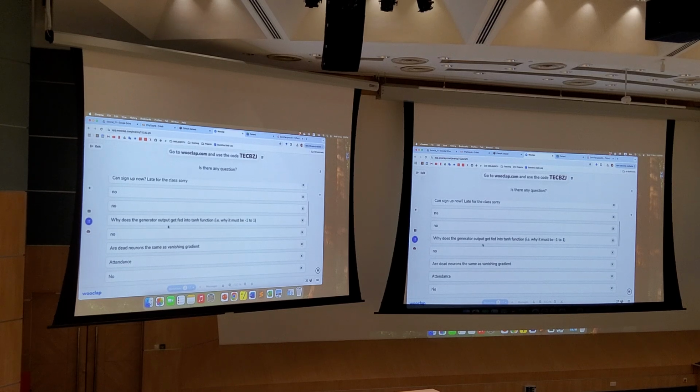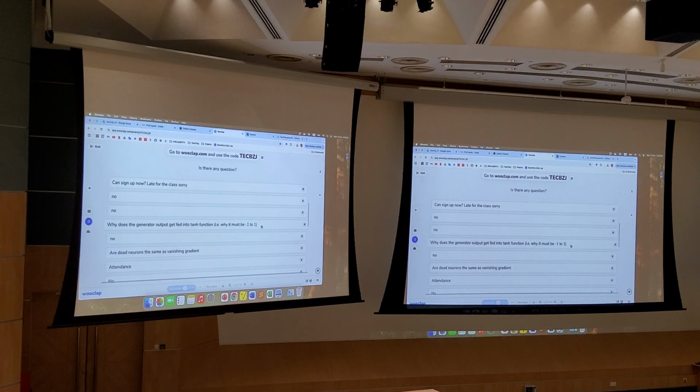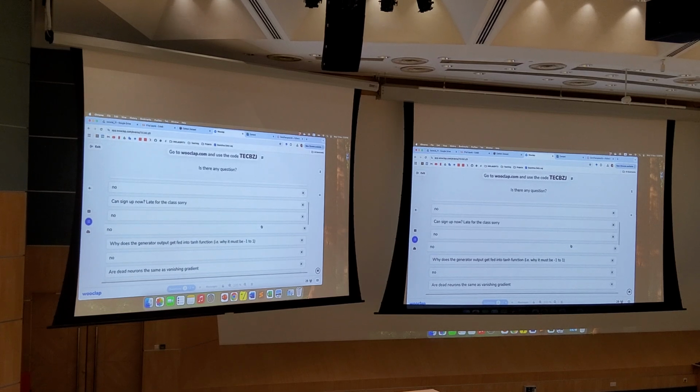Why does the generator output get fed into the tanh function? Why must it be -1 to 1? It is a common practice to scale your images within the range of -1 to 1.